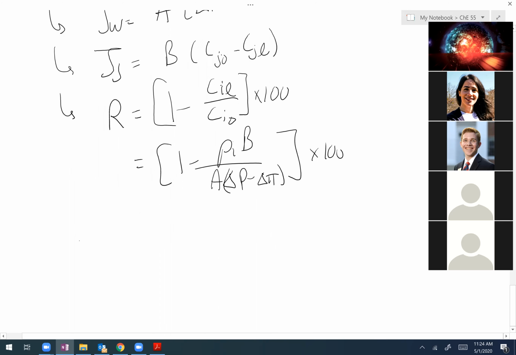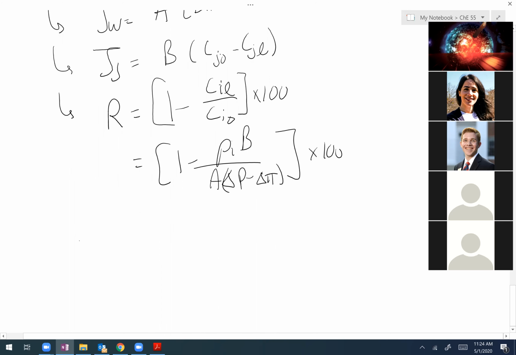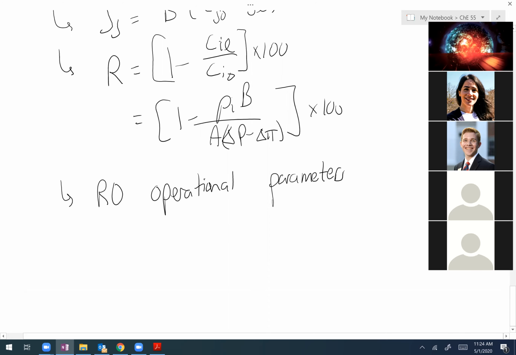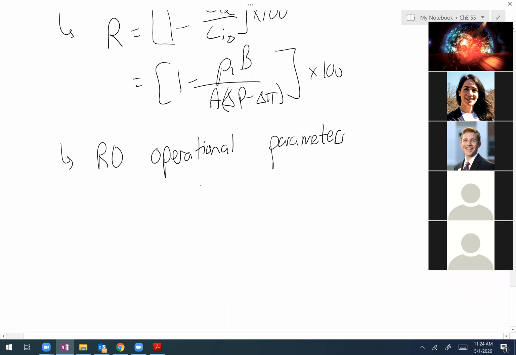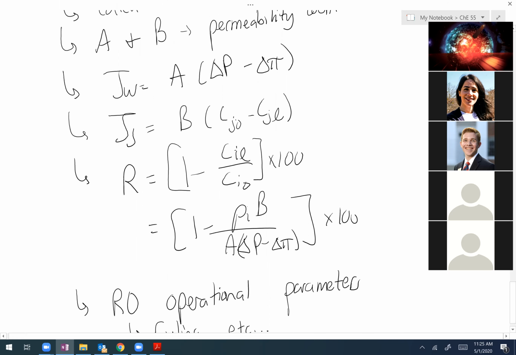And then we looked at a bit of RO operational parameters, a little bit of fouling and things like that. Any questions on reverse osmosis and what you might see on the final, or things that I can clarify?